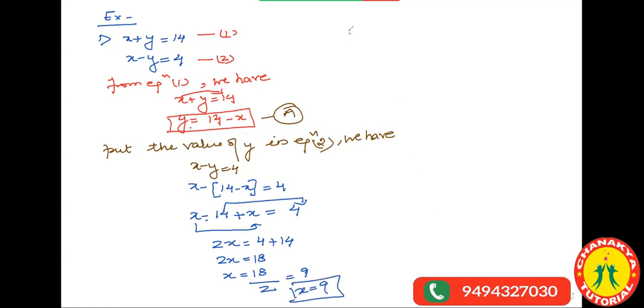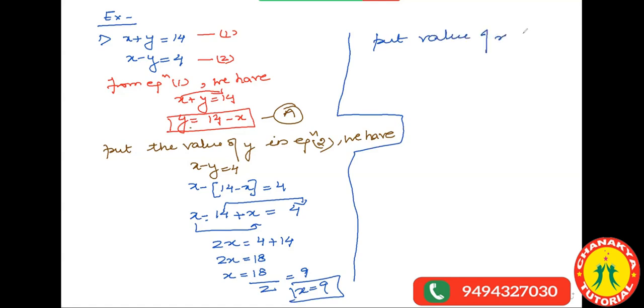Yes, ma'am. Okay. Now our next step is to put the value of x in equation A. I have given the name A to this equation because it will be different. So y is equal to 14 minus x.